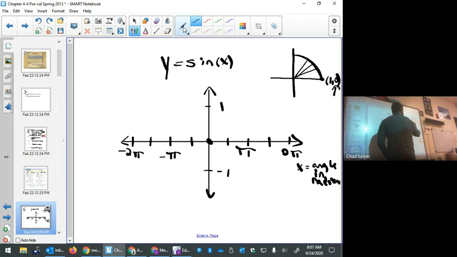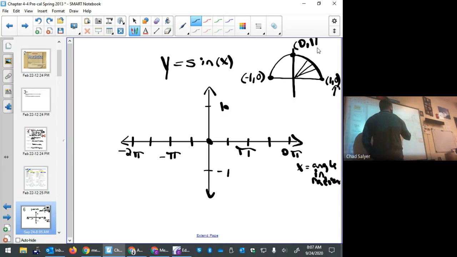And then if we go up to pi over 2, I have 0, 1. So at pi over 2, it's 1. And if I come over here to pi, -1, 0. The y-coordinate is the sine. So that is, again, 0. If I go to 3 pi over 2, which is this next tick mark, I have 0, -1.